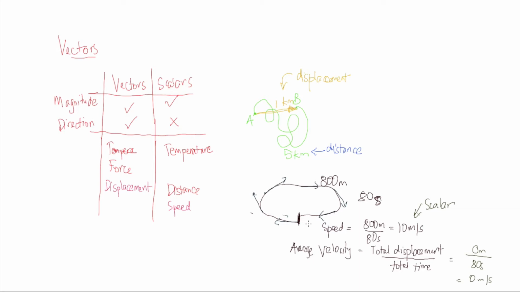The reason the instantaneous velocities are changing is because their direction changes, right? So here we see another feature of vectors: because they have both magnitude and direction, if either one of the direction or the magnitude changes, then we consider that the vector itself is changing. So I can add velocity to my list of vectors.